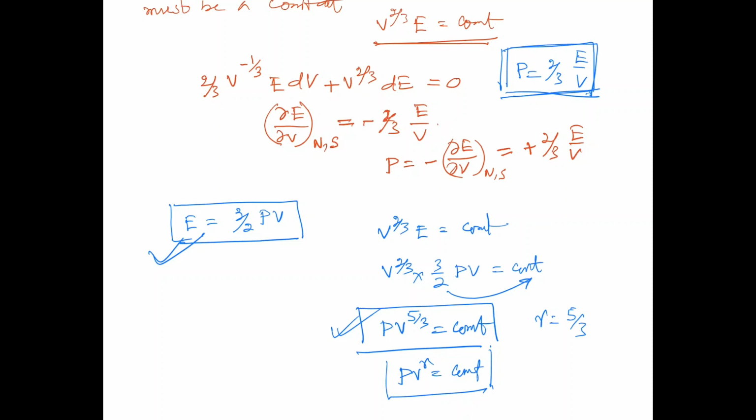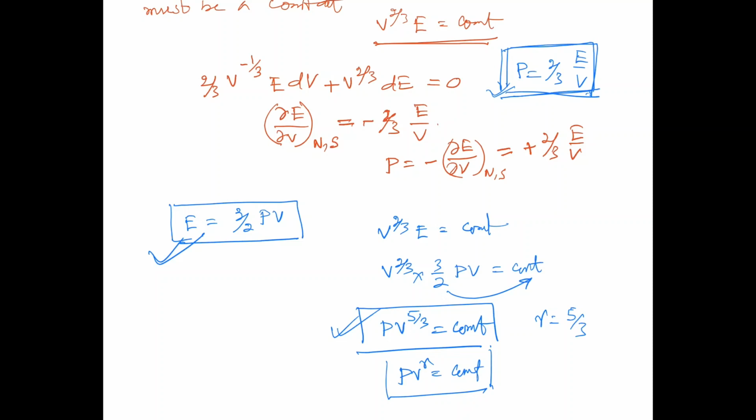But just by considering the property of omega, how omega depends on N, V and E, we have been able to derive the ideal gas equation. We have been able to derive the expression for pressure P, which comes out to be 2/3 of the energy density, and we have been able to derive the equation for the adiabatic process in an ideal gas.